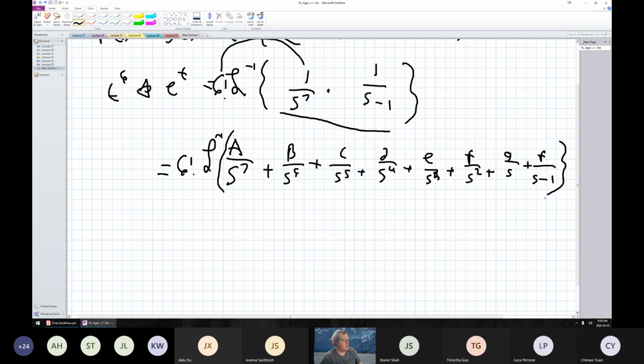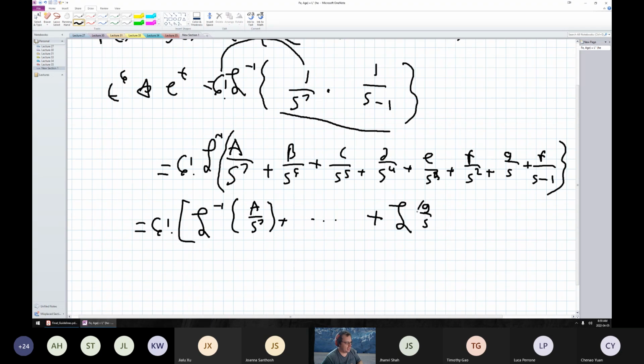Okay, so now let's suppose that I know what A through F are. I did that partial fraction decomposition, and I get this. Now how can I possibly chase these out? Well, the first thing I'll do is linearity. So I'd rewrite this as my 6 factorial, here I have my Laplace inverse of A over s to the 7th plus dot, dot, dot for all of these terms, plus this last term, the Laplace transform of G over s.